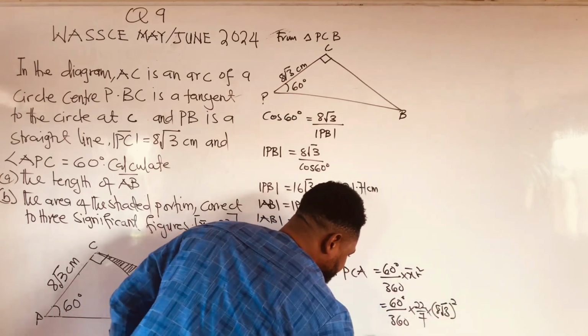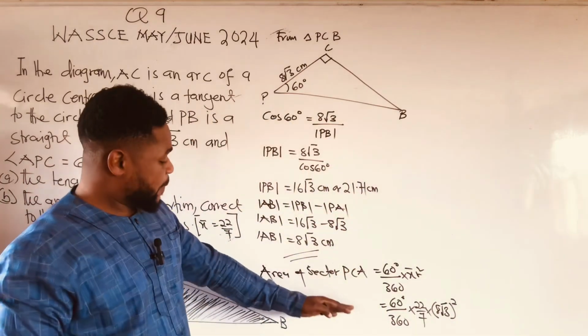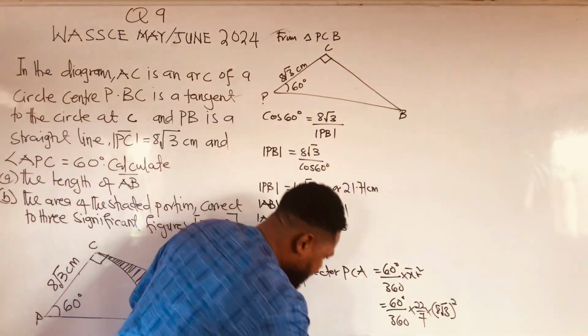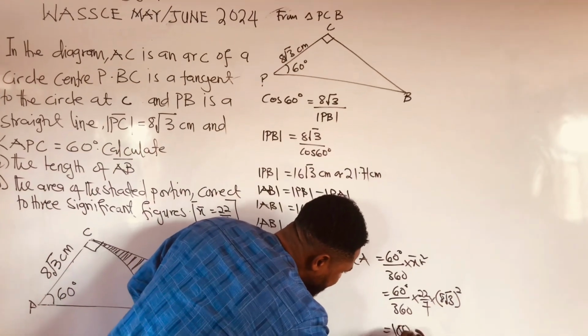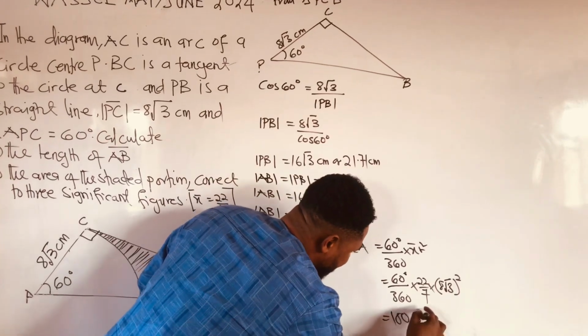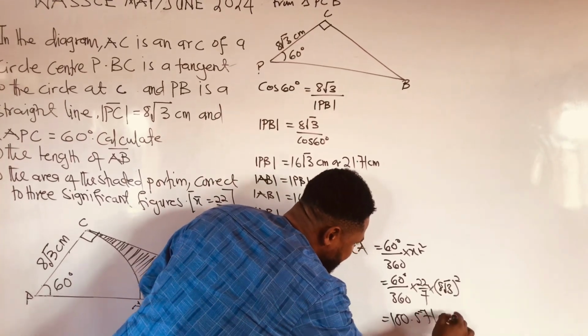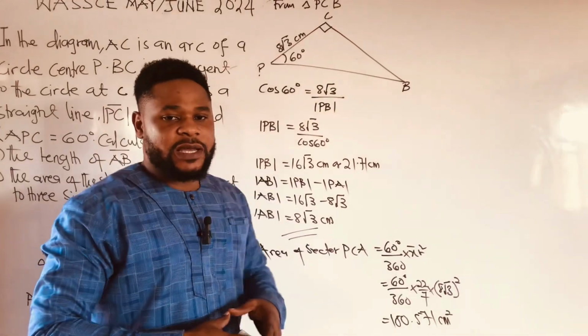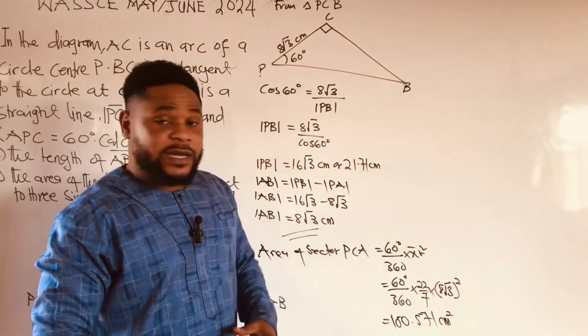8√3 all squared. So we are going to fix this into our calculator, and when we fix it, we are going to have 100.571 centimeter squared. So this is how we can calculate the area of the sector.